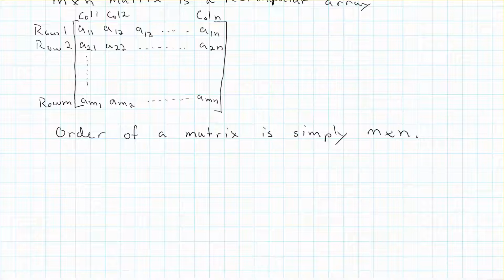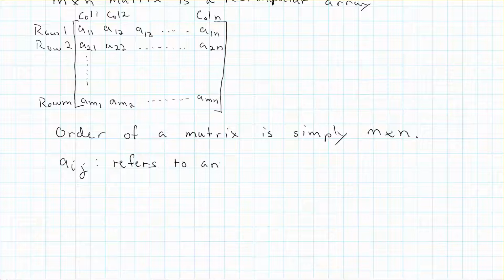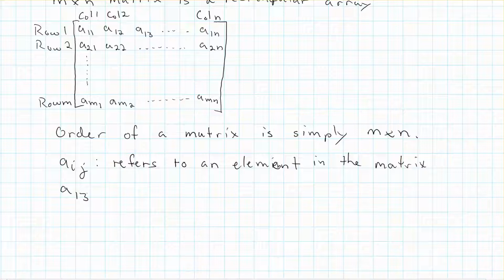A i j refers to an element in the matrix. For instance, A subscript 1 3 would be row 1, column 3.